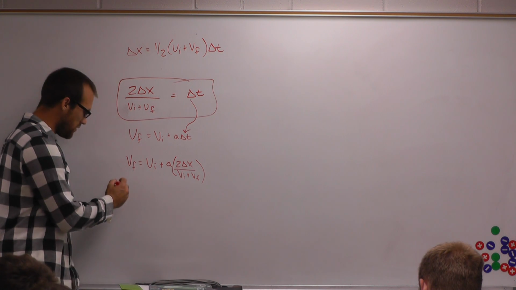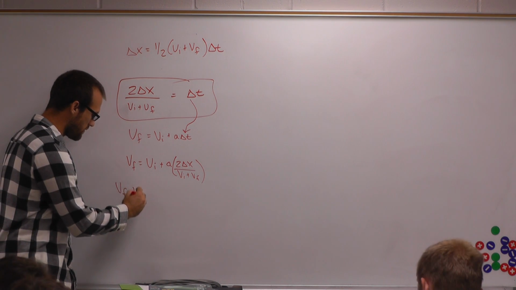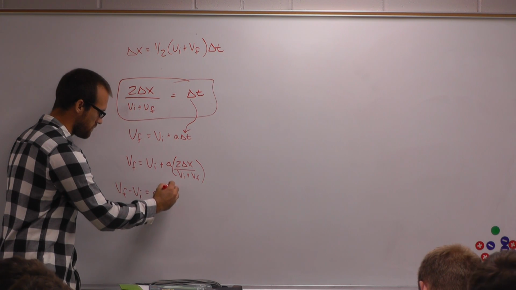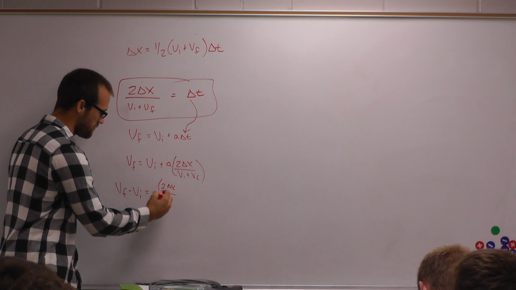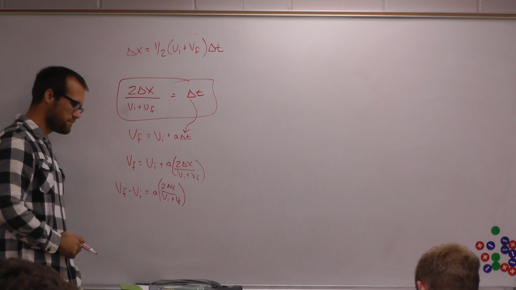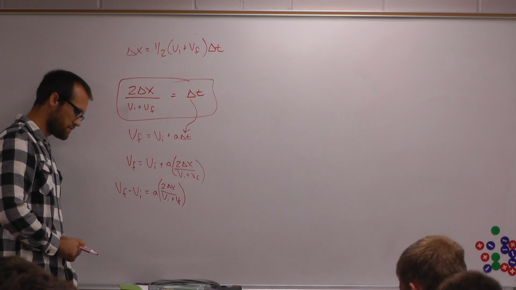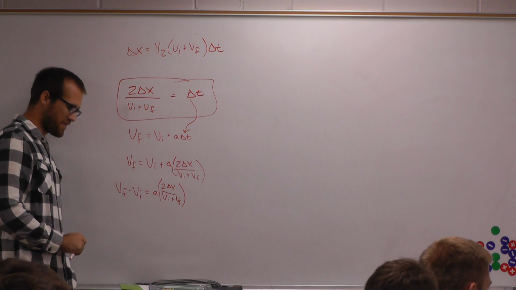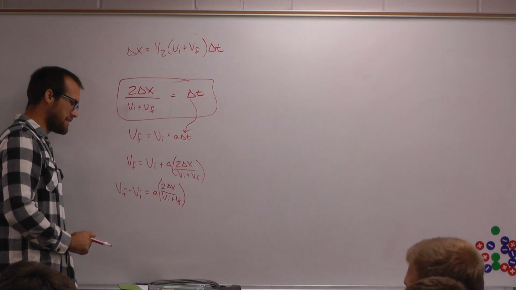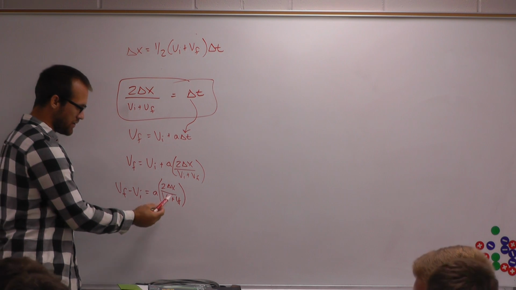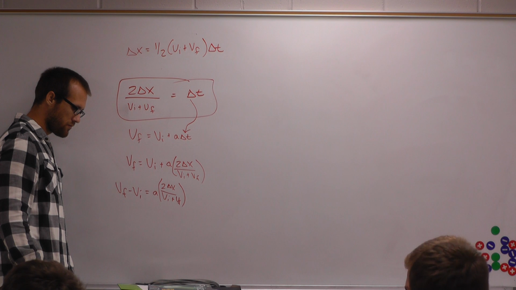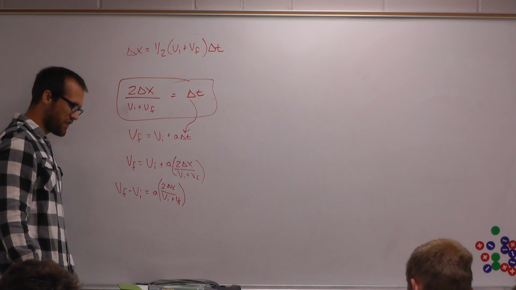I guess we'll find out if I did it right. Oh, that's true, I brought the VI over. Okay, this is going to get confusing. Now I'm solving for VF.